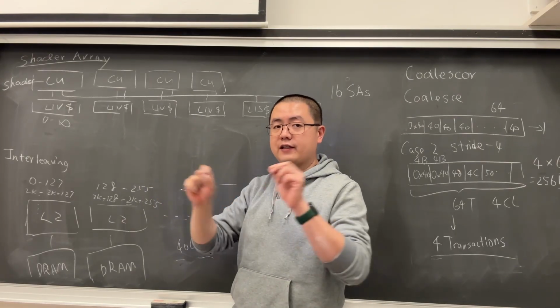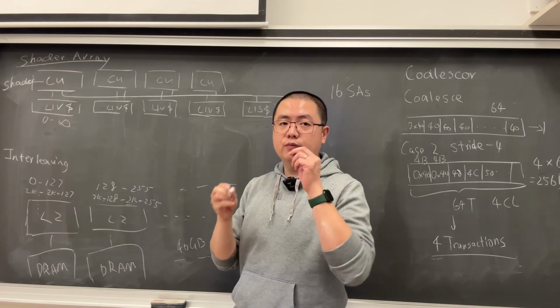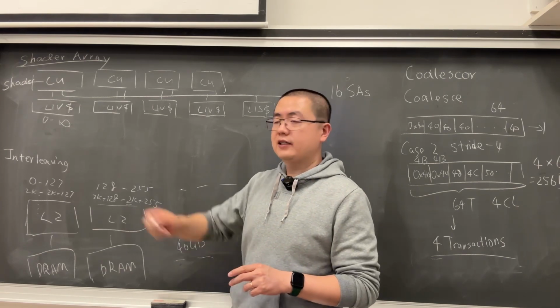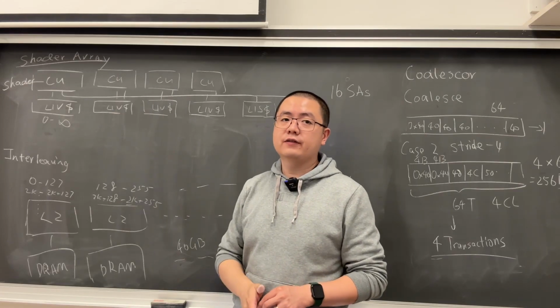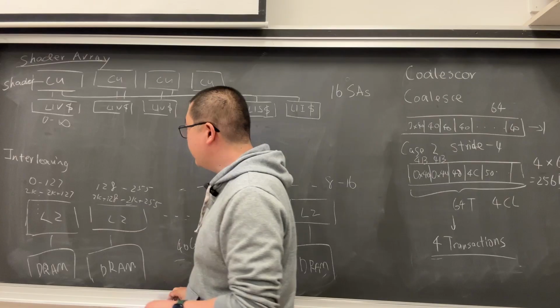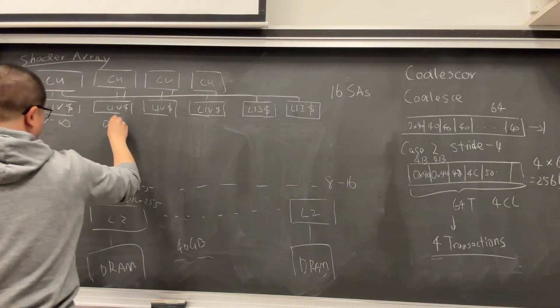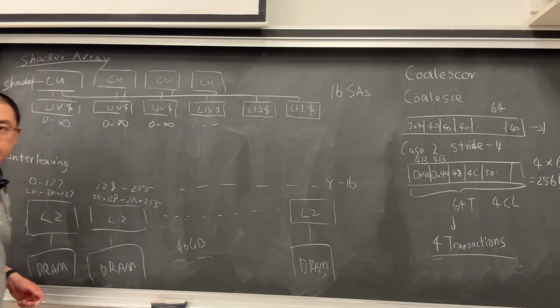They have to cover whatever data this CU wants to access. It needs to cover everything that this CU wants. So all of them will have 0 to infinity, 0 to infinity, and so on.